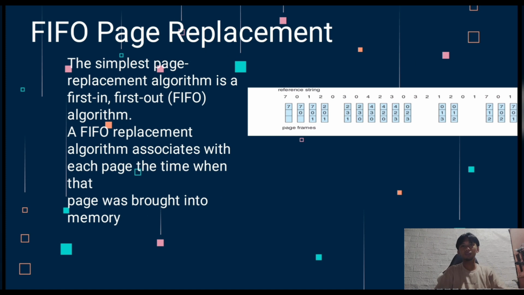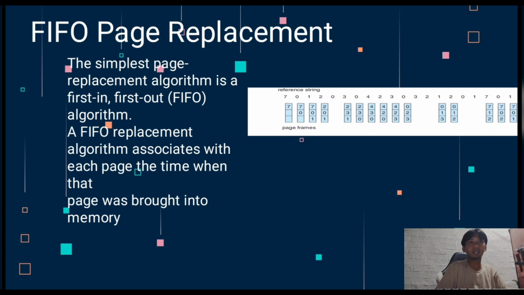So next, the FIFO page replacement. The simplest page replacement algorithm is first in, first out. A FIFO replacement algorithm associates with each page the time when that page was brought into memory. As you can see in the figure, when a page must be replaced, the oldest page is chosen.